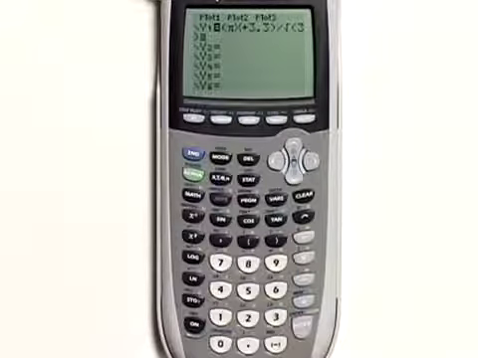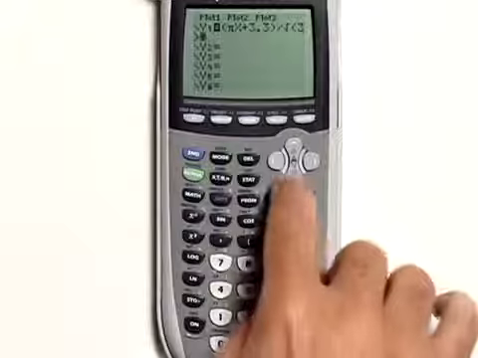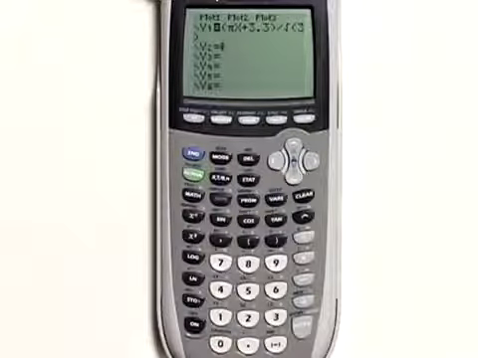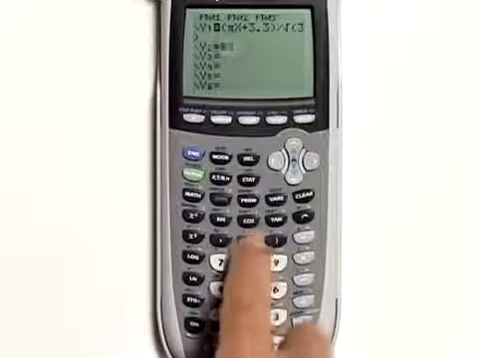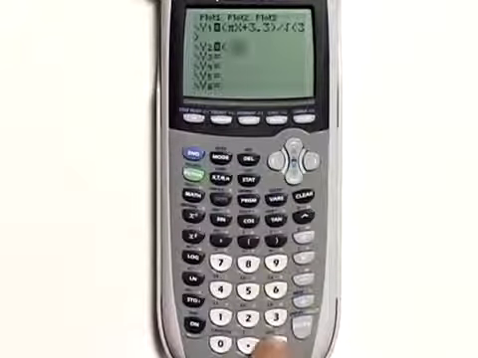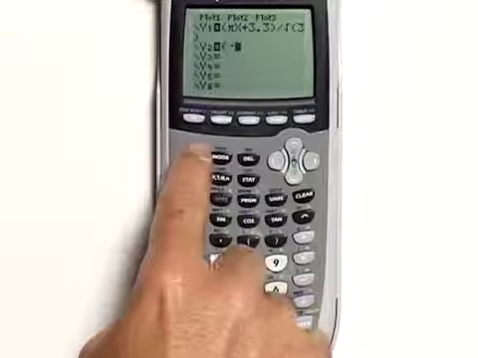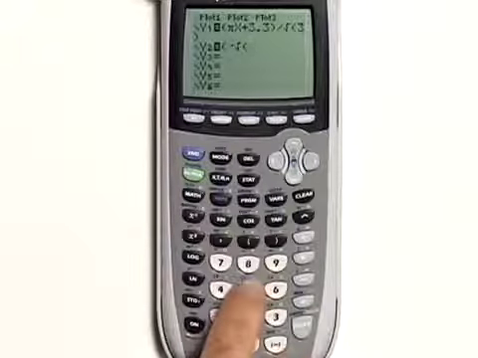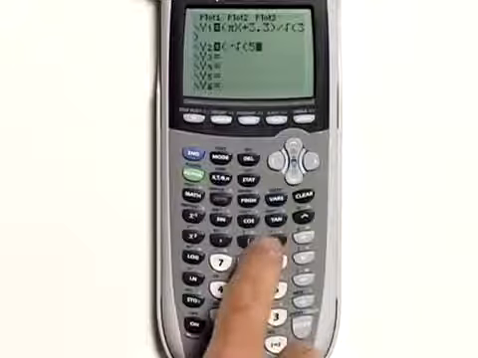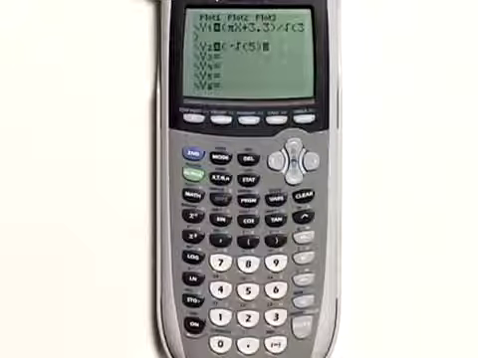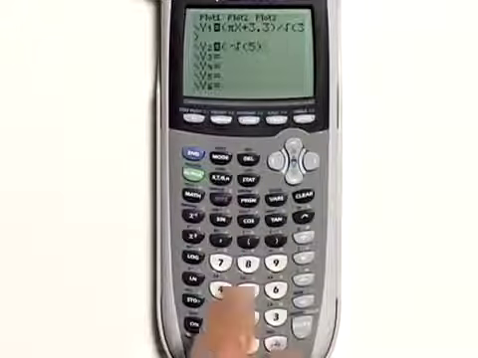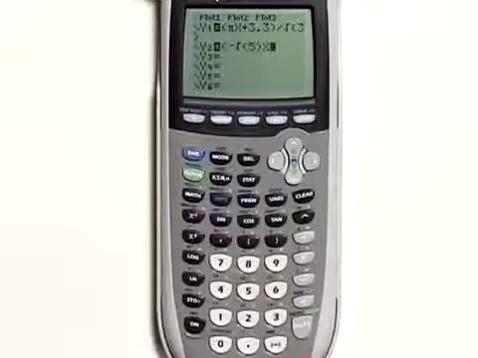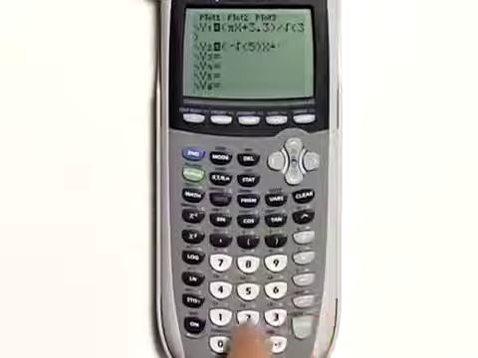That's our first equation. For equation number 2, we hit the down arrow key, which brings us to y sub 2. Here we enter in parenthesis, and now we have negative the square root of 5, so we hit second, x squared. It gives us a parenthesis. We enter 5. We close the parenthesis, so we have negative the square root of 5. That gets multiplied by the x key, and then we add, so plus key, 2.1.